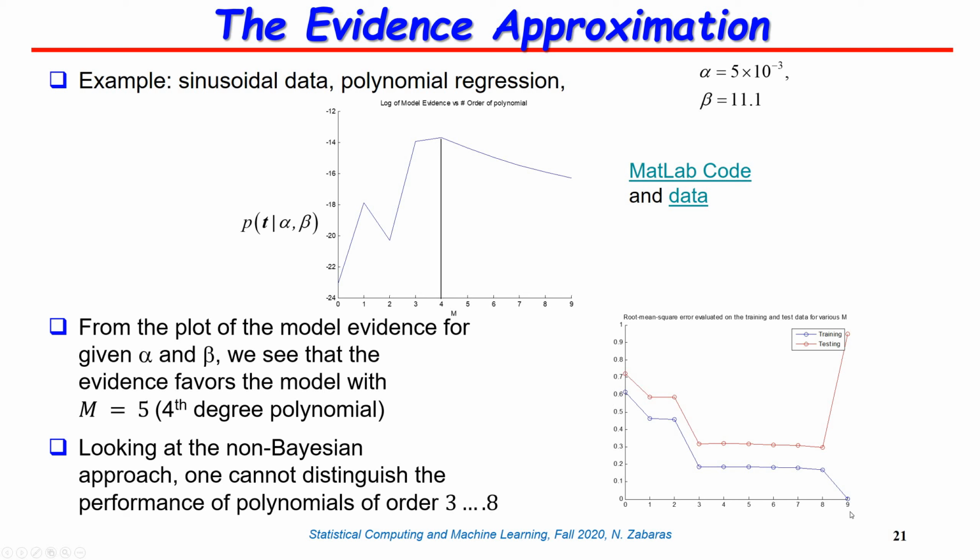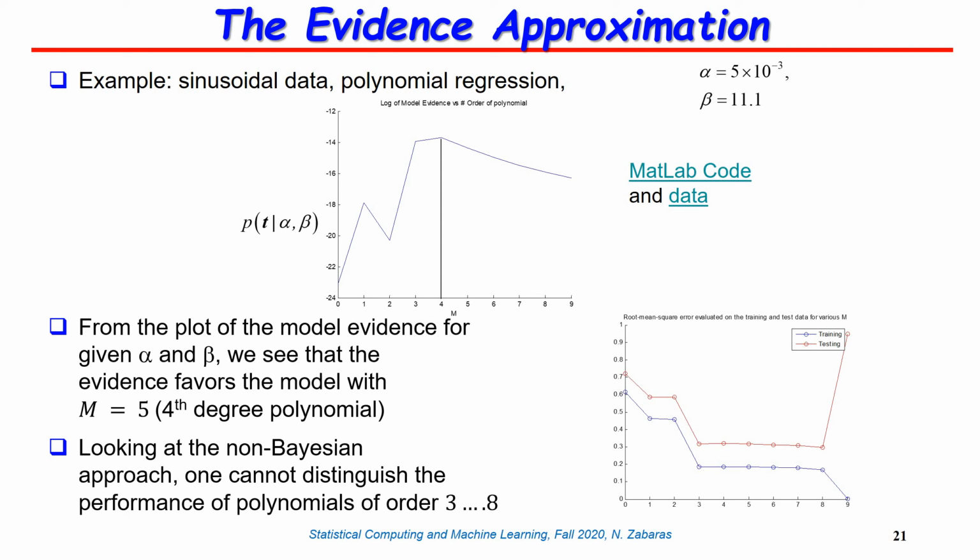And remember, for m equal to 9, we perfectly fit all our training data, this is for 10 training data points. But notice for testing, if you test the algorithm for the computed W from least squares on a data set that you have not seen before, when you put m equal to 9, the test error blows up because of the overfitting that we discussed one or two lectures ago.